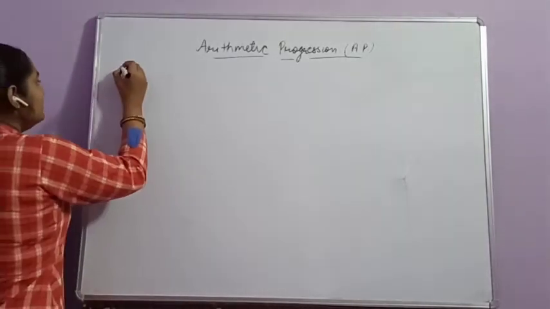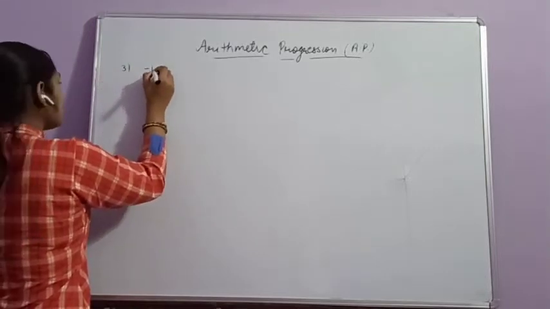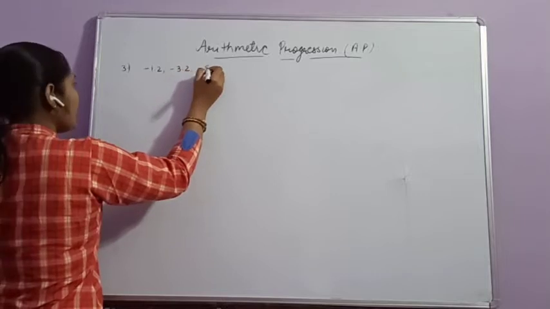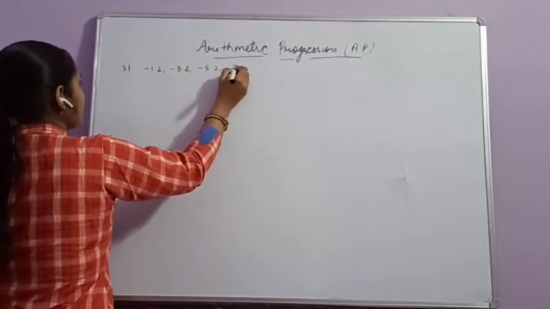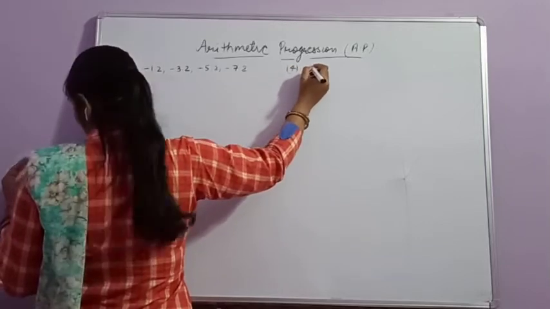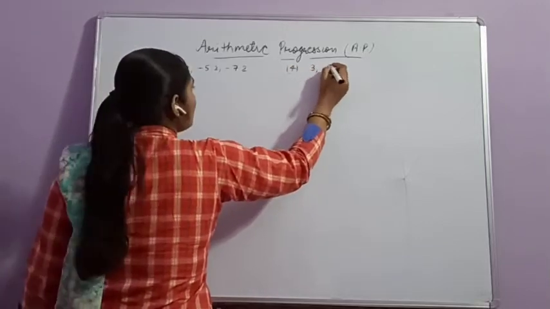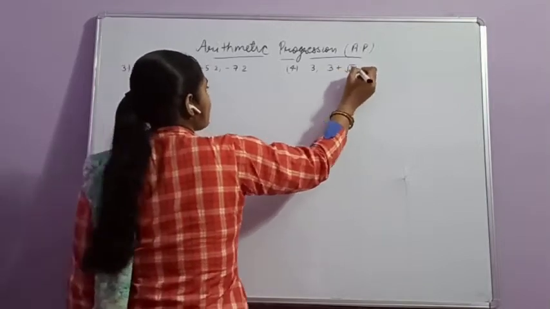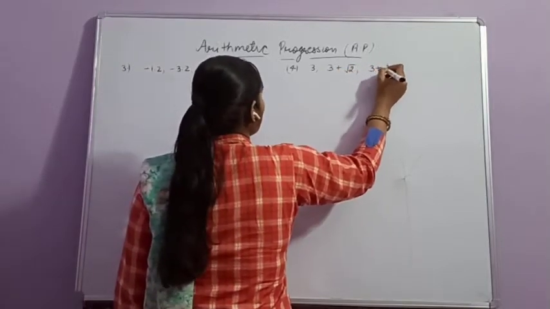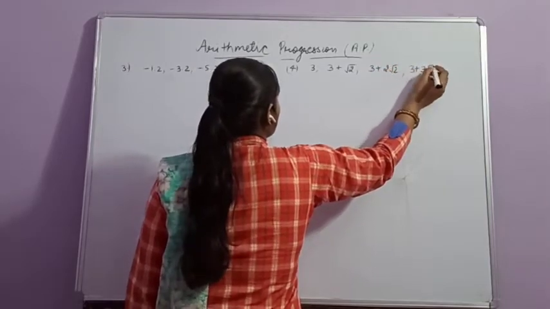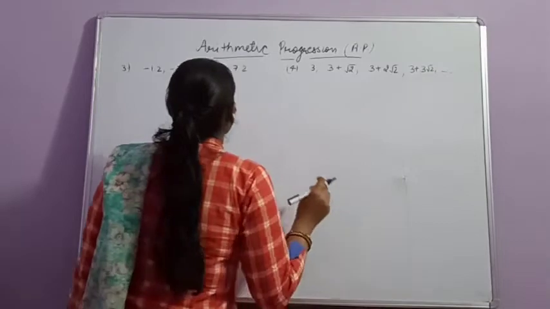That is minus 1.2, minus 3.2, minus 5.2 and minus 7.2. Similarly, next is 3 plus root 2, 3 plus 2 root 2 and 3 plus 3 root 2, up to infinity.